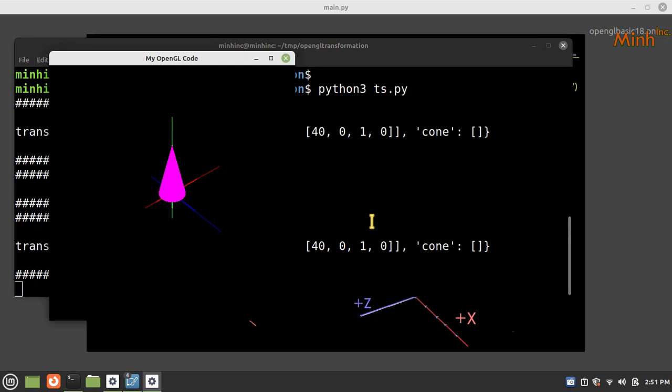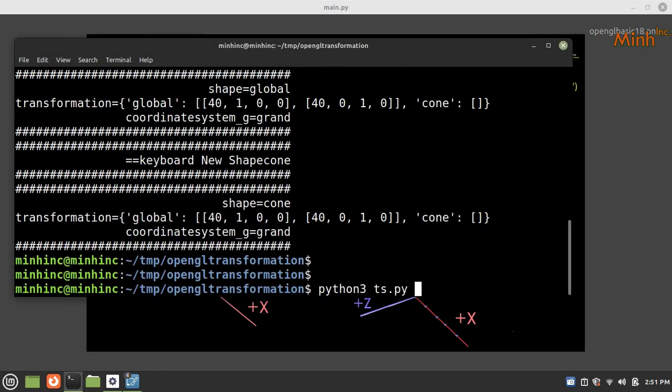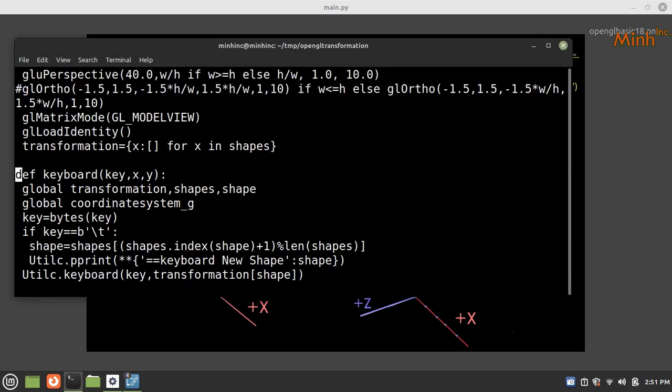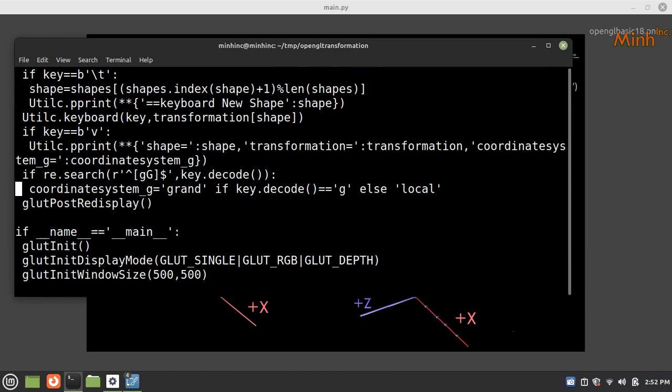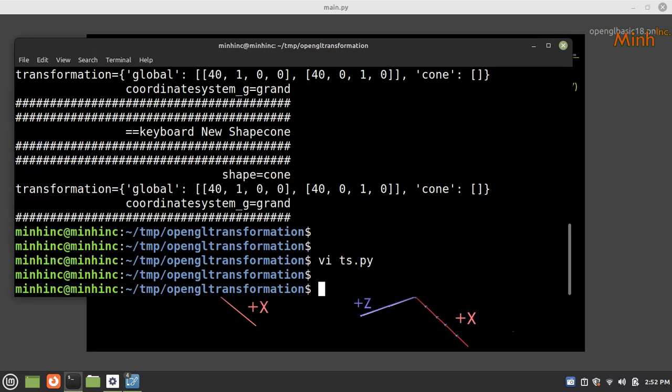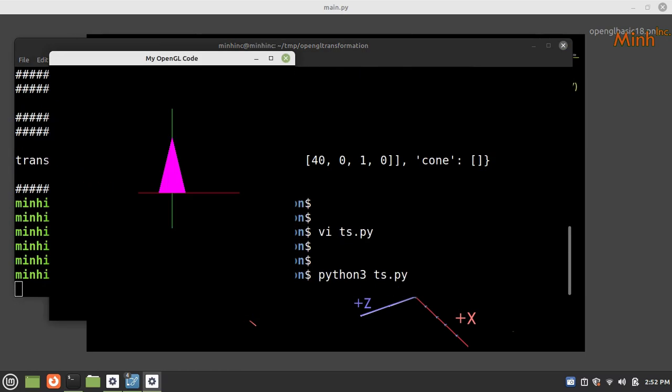If I press capital G, then it is coming to local. This is not what I want. Okay, small g is grand, and local is capital G. Okay, fine, we'll do it like that only.